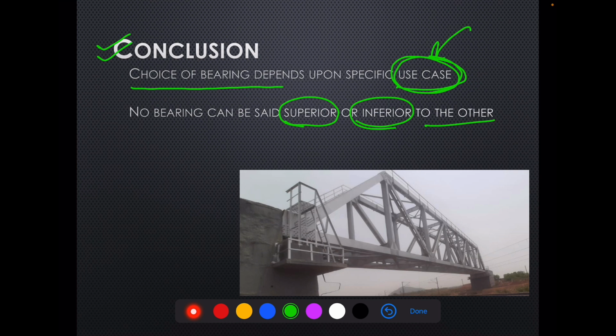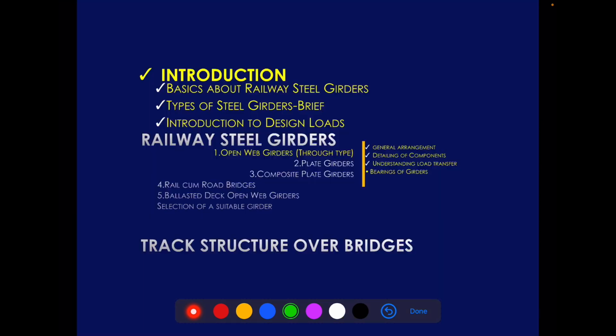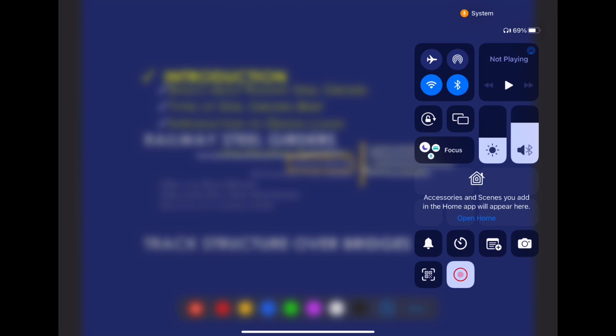With this, we have concluded open web girders, with all the four components covered, and now we can move on to the plate girders. Thank you very much.